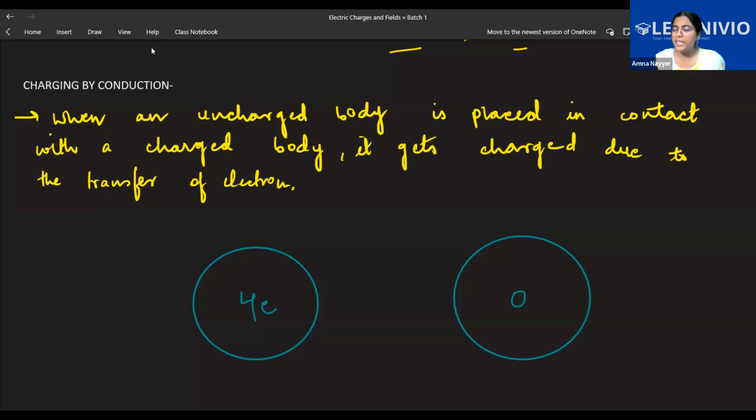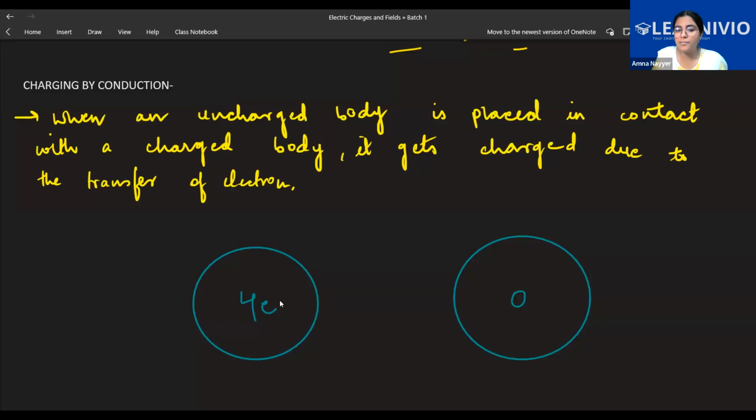If you have identical objects, means two spheres having the same radii or cubes having the same sides, then once they are put under conduction and then separated, the amount of charge received by each body will be the same.